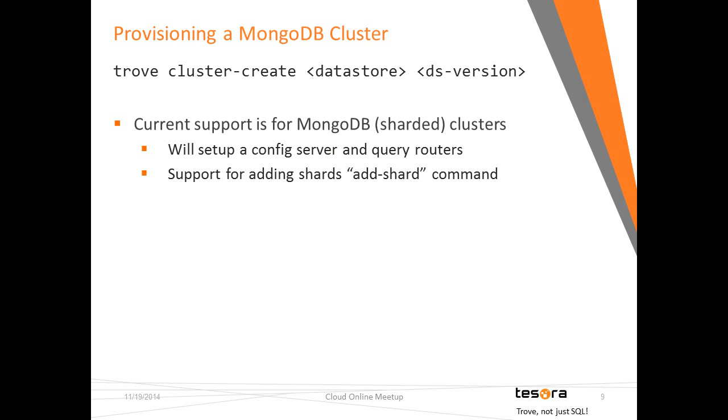And working with our friends from eBay who contributed MongoDB clustering, you could issue a single command, Trove cluster create, and provide the data store, which would in this case be MongoDB, and the version, and this would automatically create a sharded MongoDB cluster. It would provision a config server, a query router, and 3 shards, and later you can add more shards using the Trove add shard command.